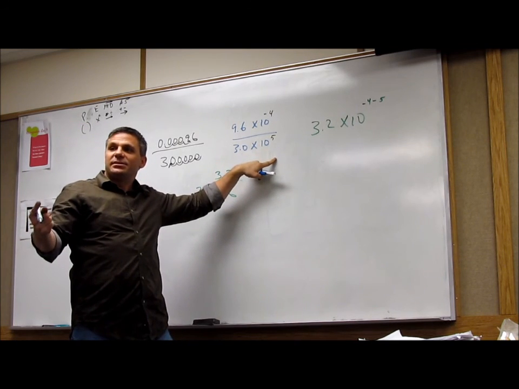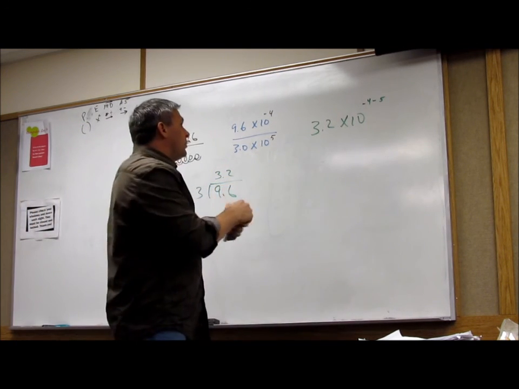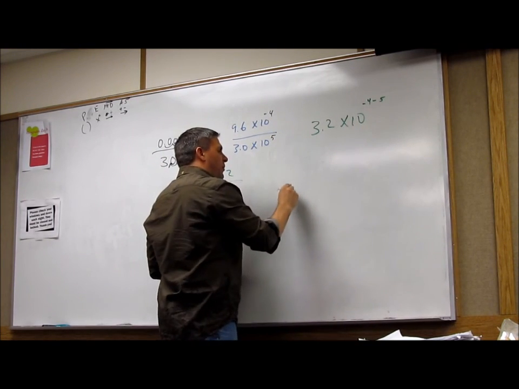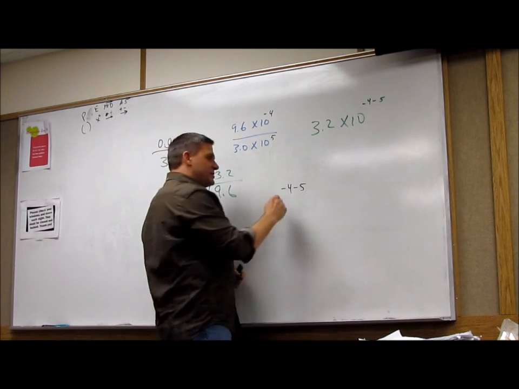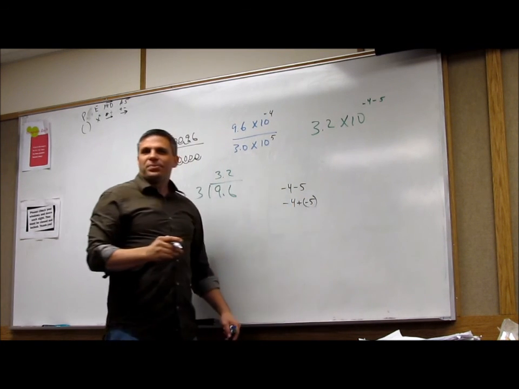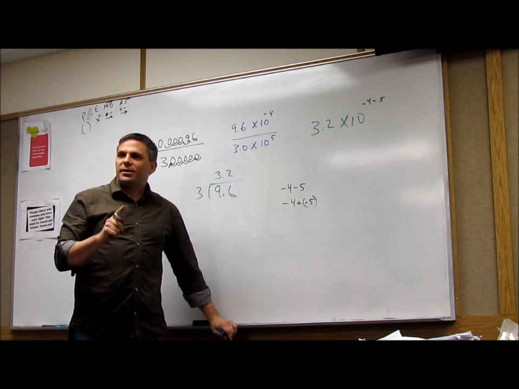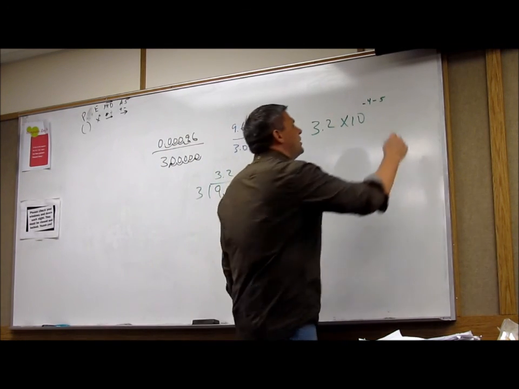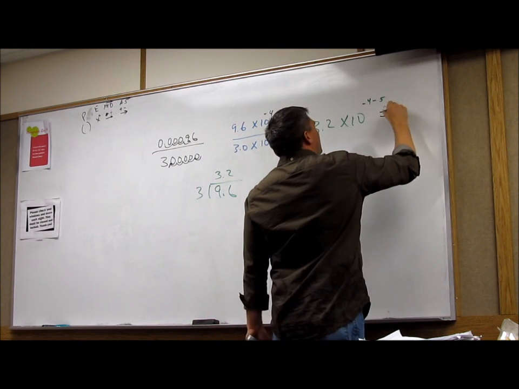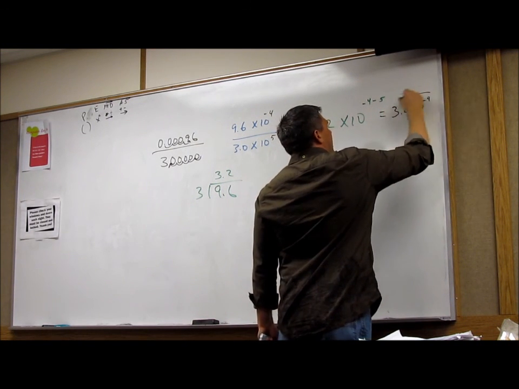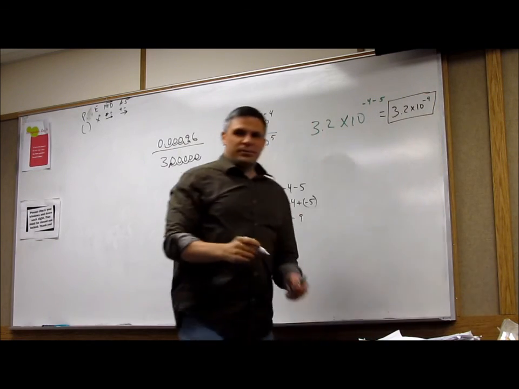Does that make sense? Okay. So then, what is negative 4 minus 5? Isn't that the same as negative 4 plus a negative 5? It's easier to look at it that way, huh? Which means it's negative 9. So that is equal to 3.2 times 10 to the negative 9. Did we get it in 15?